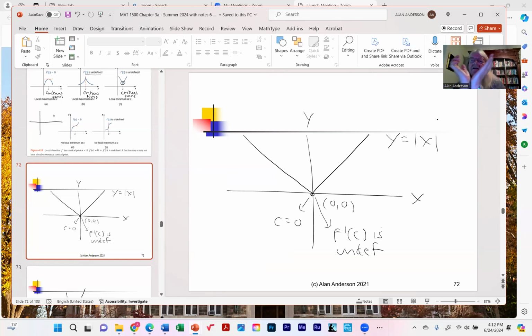Again, that's due to the fact that it's a sharp break between the slopes of the two sides on either side of that point. Or the other way to think about it is that the limit, well, all right, it's undefined.